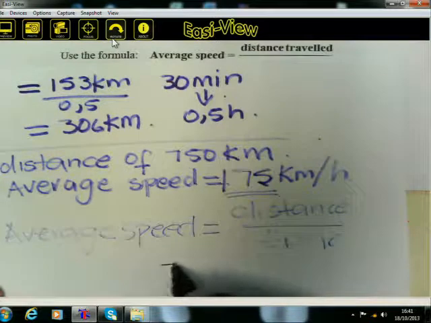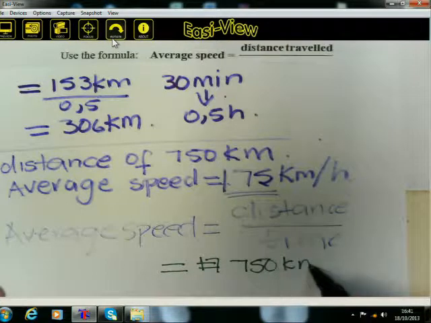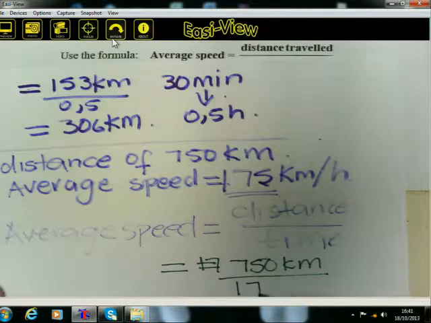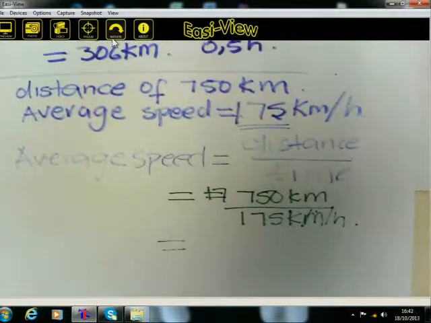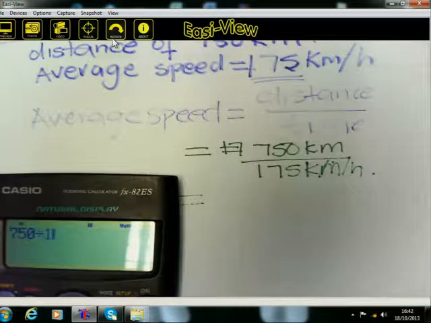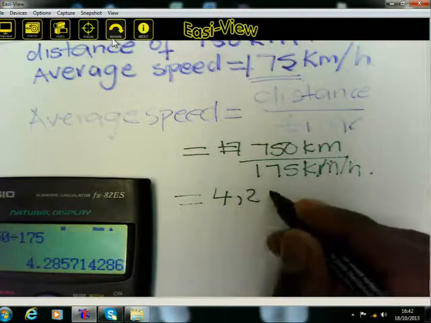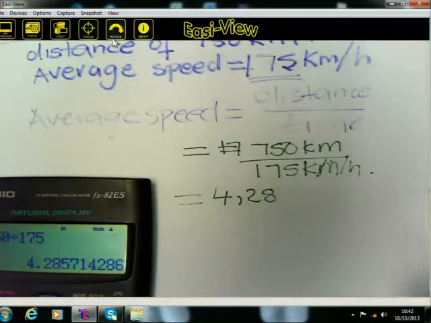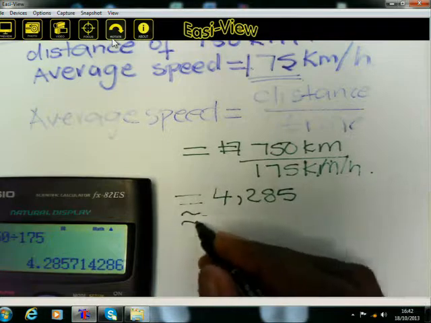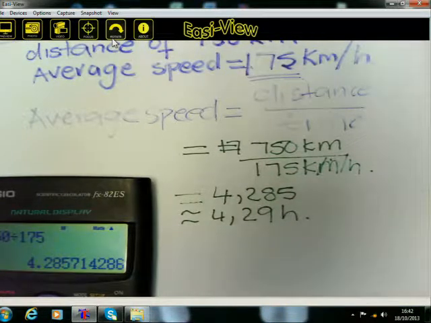Then we say the distance is 750 kilometers over 175 kilometers per hour, which is 750 divided by 175 equals 4.285, approximately to two decimal places, 4.29 hours.